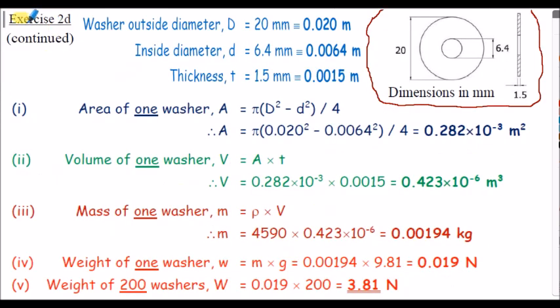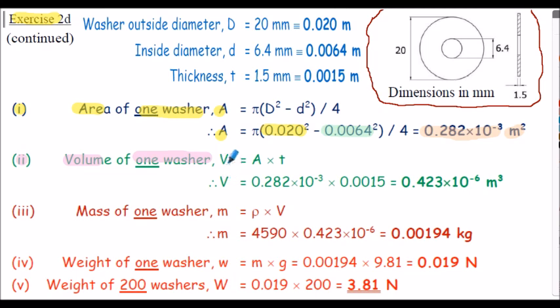Exercise 2 continued. So first of all, let's calculate the area of one washer. So given the formula in the question, we can insert the outside diameter, inside diameter, and evaluate the area, and that's 0.282 times 10 to the negative 3 meters squared. Next, we need to calculate the volume of one washer.